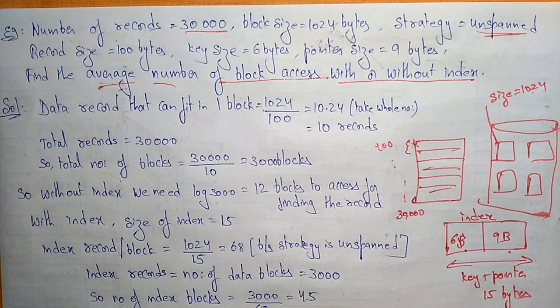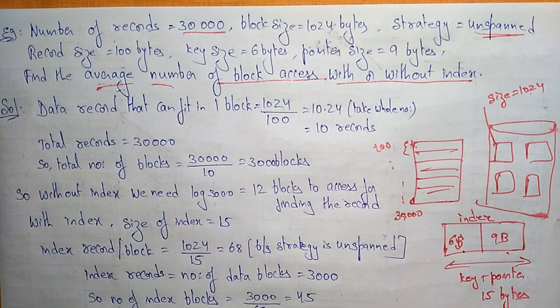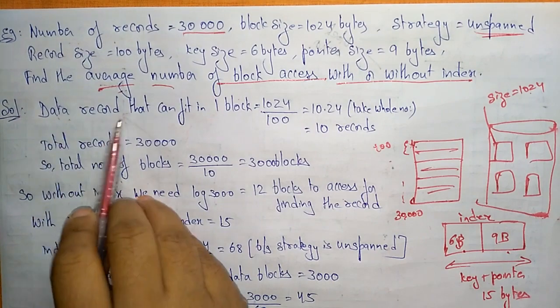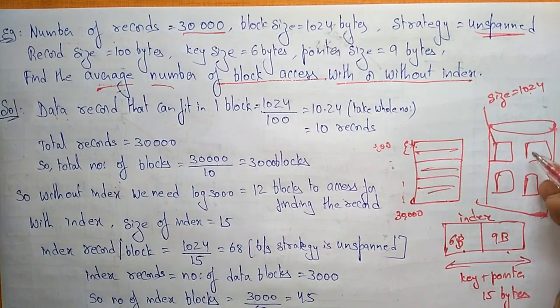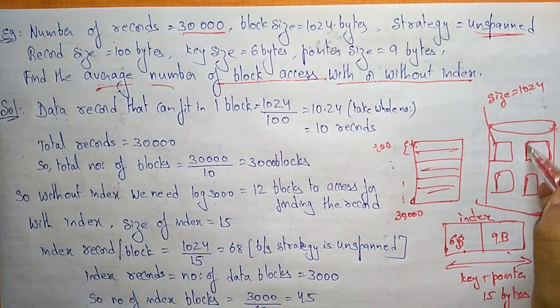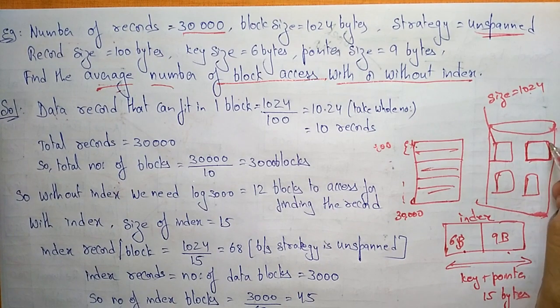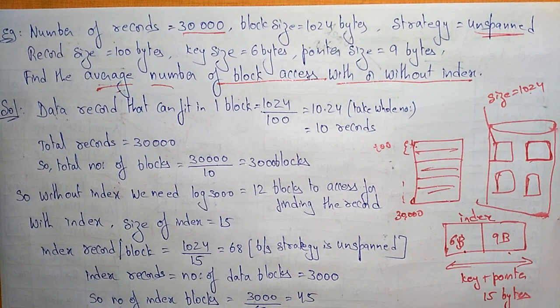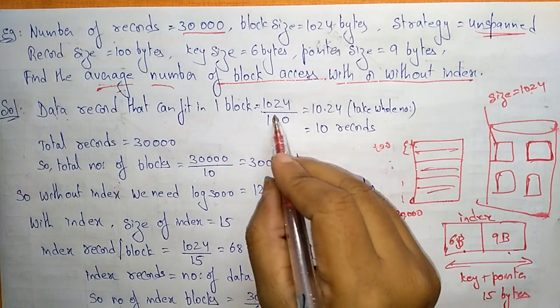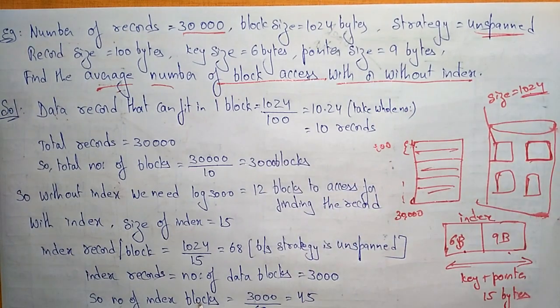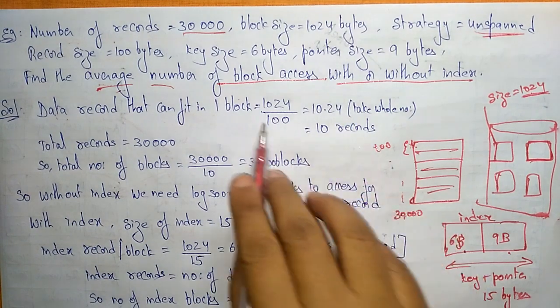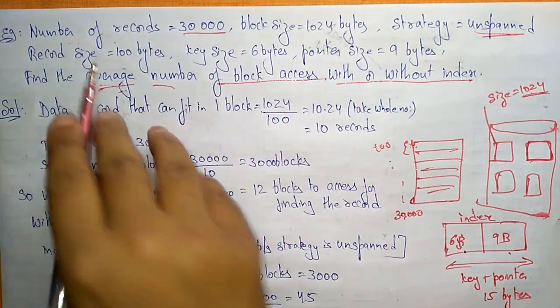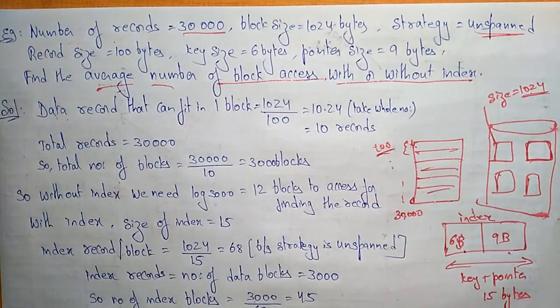Now we have to find the average number of block accesses. First, how many data records can fit in one block? The block size is 1024, and the record size is 100.